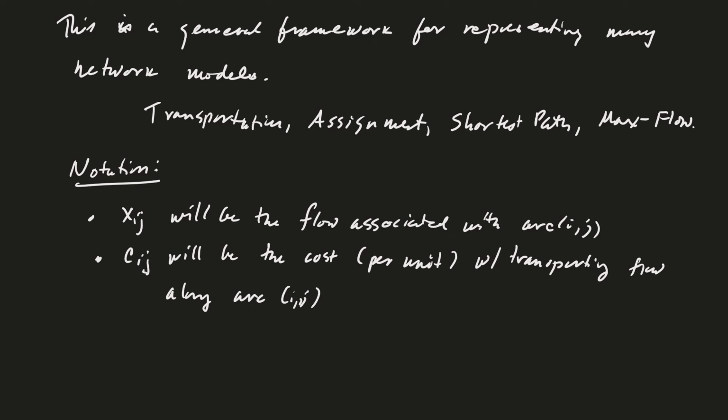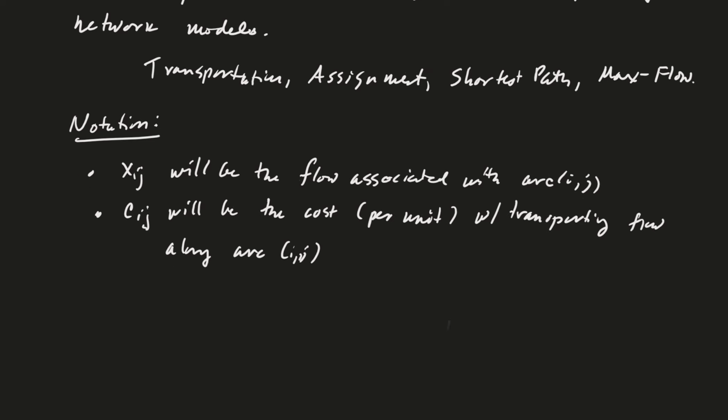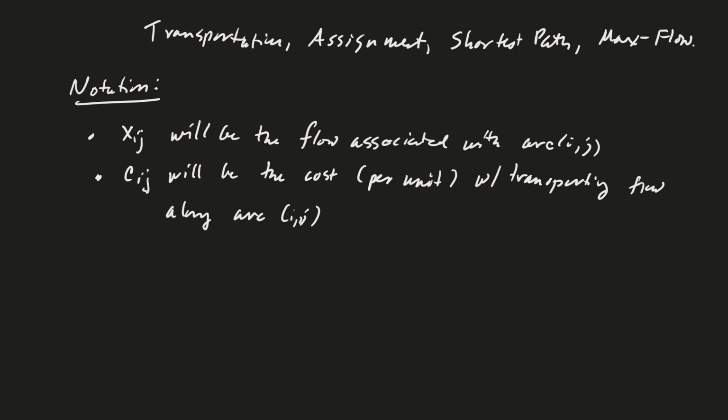Okay, so Cij will be the cost. We will also have supply nodes, and so we'll take Bi greater than 0 to represent the supply for a supply node.